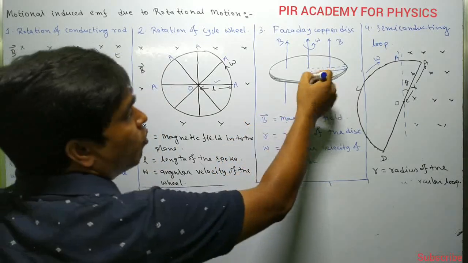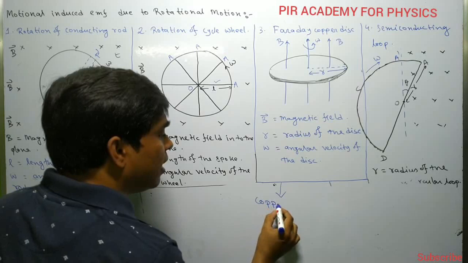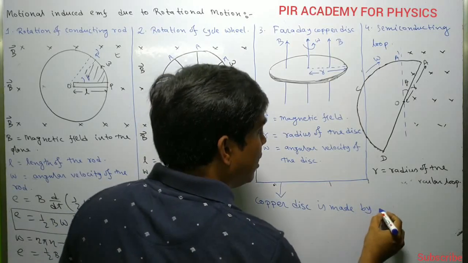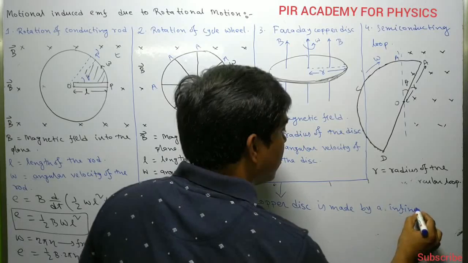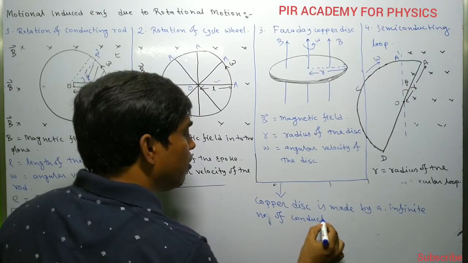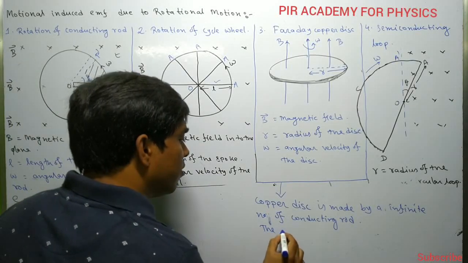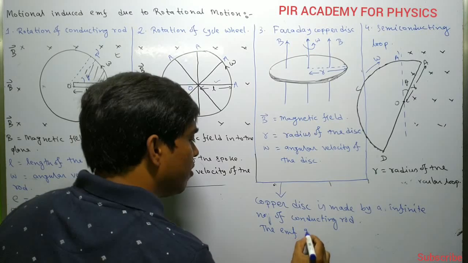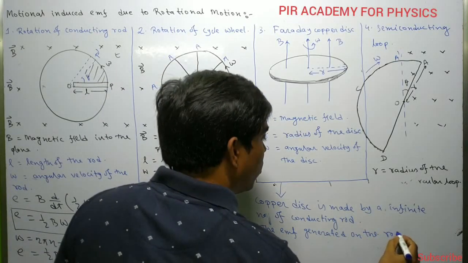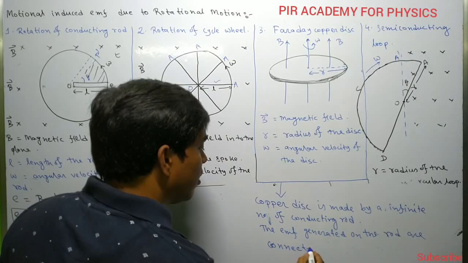Here you see that this copper disc is made of an infinite number of conducting rods, and the EMF generated on the rods are connected in parallel.